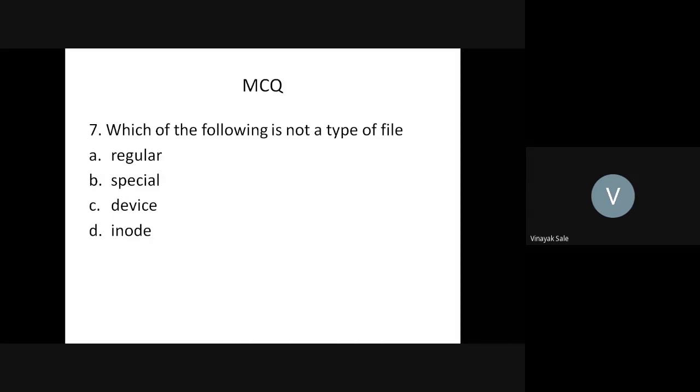Then, which of the following is not a type of file? A, regular; B, special; C, device; D, inode.